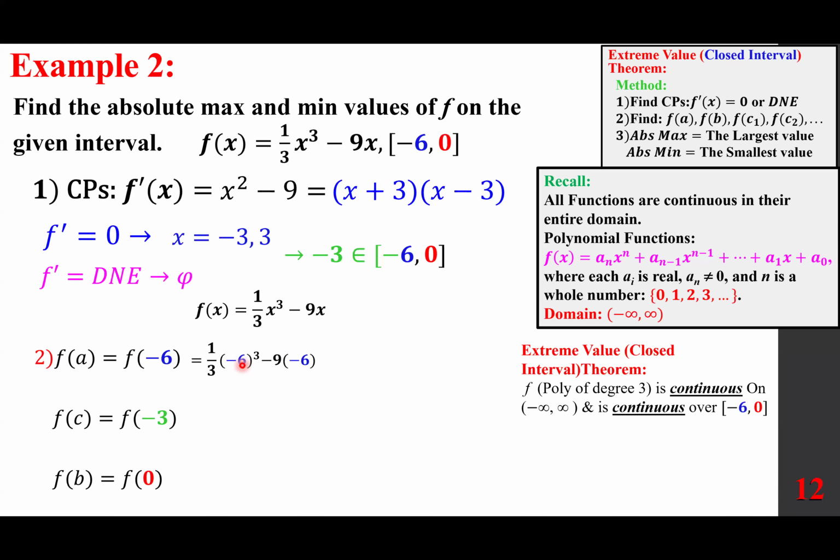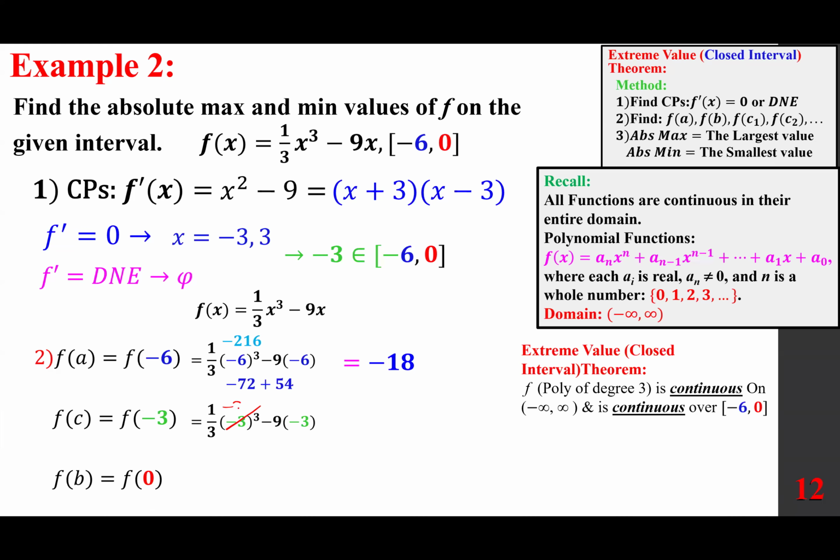So when we put negative 6, cubed it is negative 216. Times 1/3 is minus 72. This is plus 54. And they add up to negative 18. We plug in negative 3, we get 1/3 times negative 3 cubed minus 9 times negative 3.